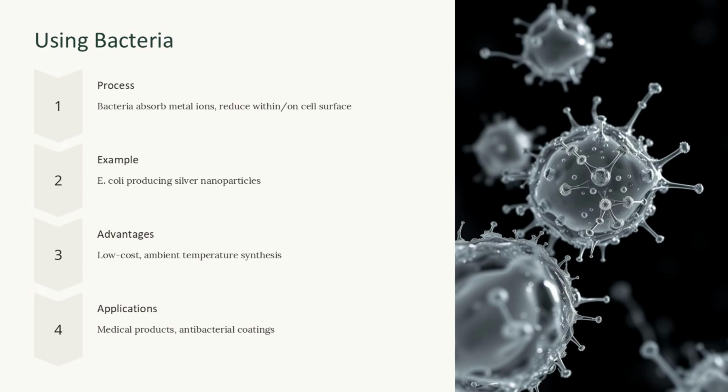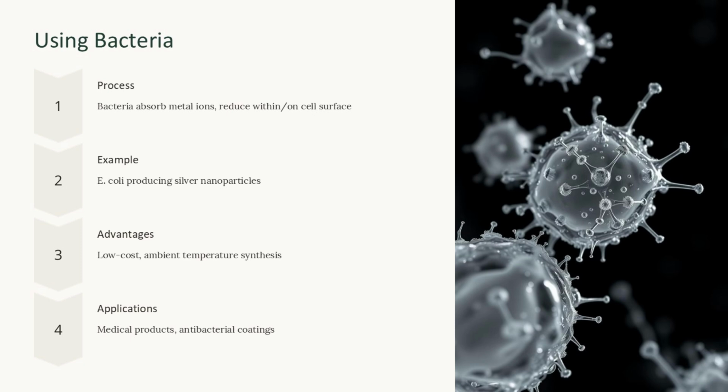Bacteria are tiny organisms, but they have great power in creating nanoparticles. Some bacteria can absorb metal ions from their surroundings and, through their natural processes, turn them into nanoparticles. This process is called bioreduction.